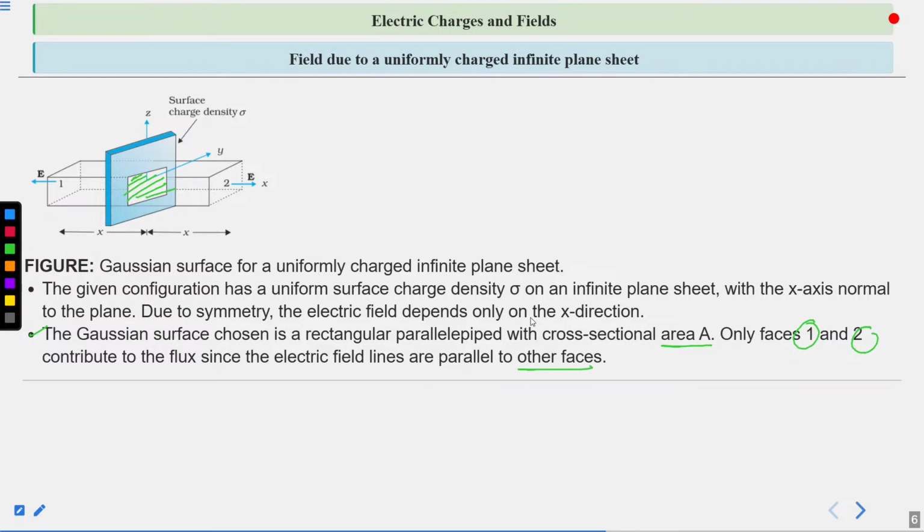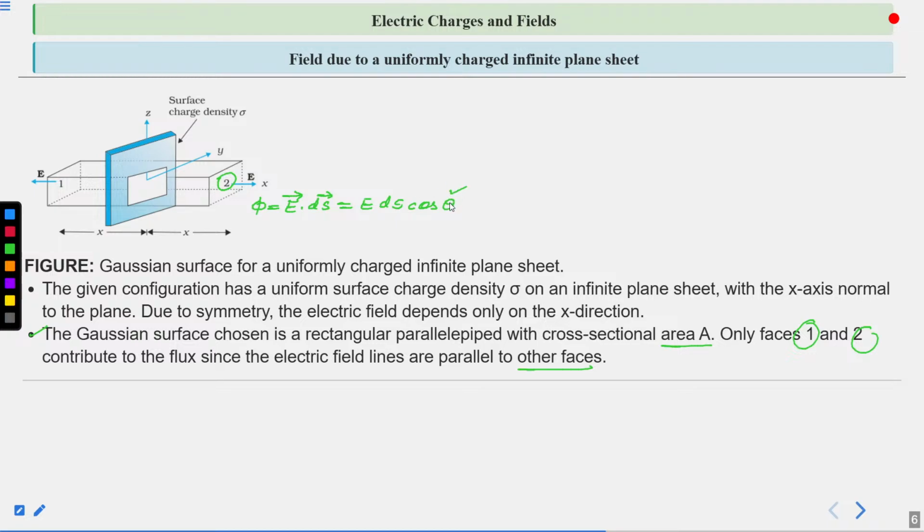This is an important point. Now, for the second phase, what will be the electric flux passing through it? We know the flux is phi equal to E dot ds. Solving the dot product, you get E ds cos theta. This is an important formula. Now what will be the value of theta?